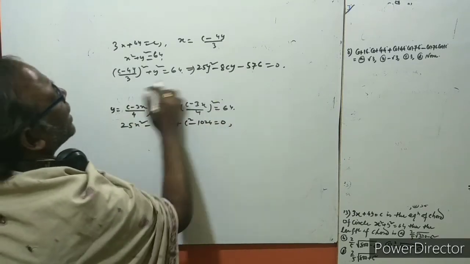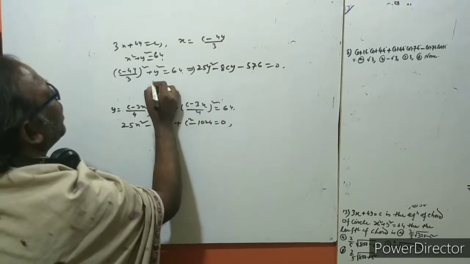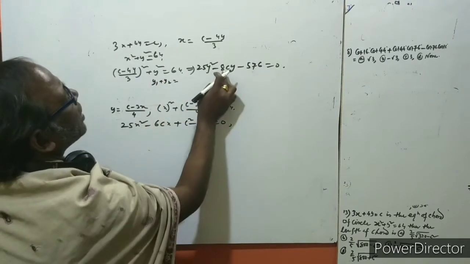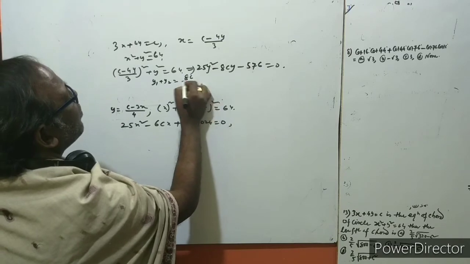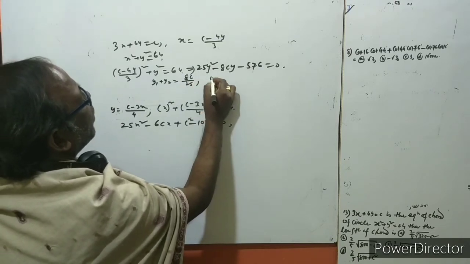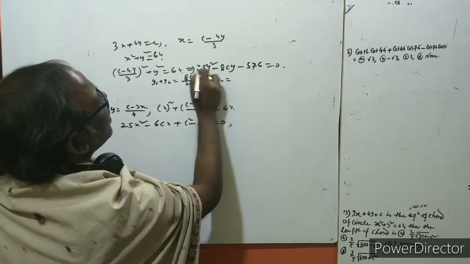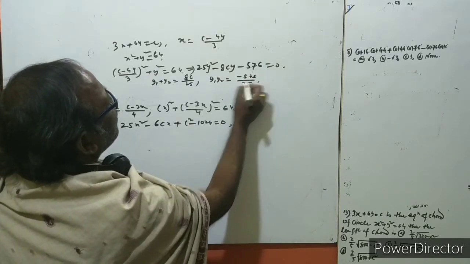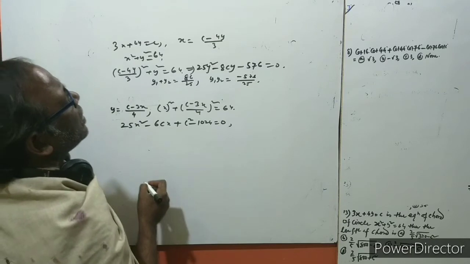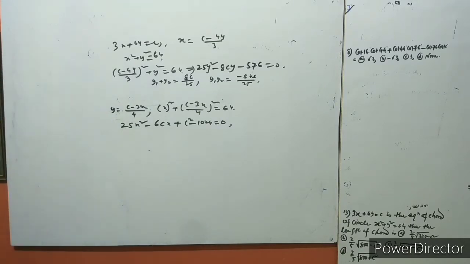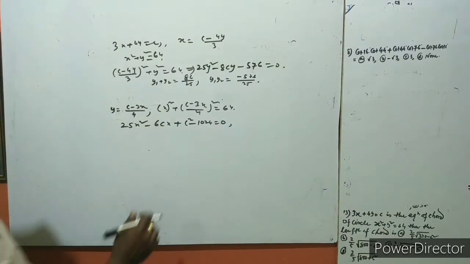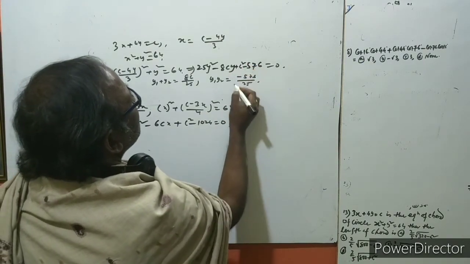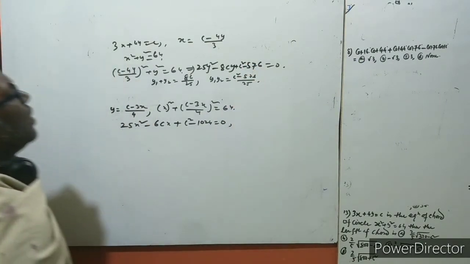Now let us assume the solutions of y here are y1 and y2. The sum of the two roots is equal to minus b by a, and that is 8c by 25, and y1 into y2 is equal to c by a, and that is minus 576 by 25, and again c square is missing there, c square, okay.